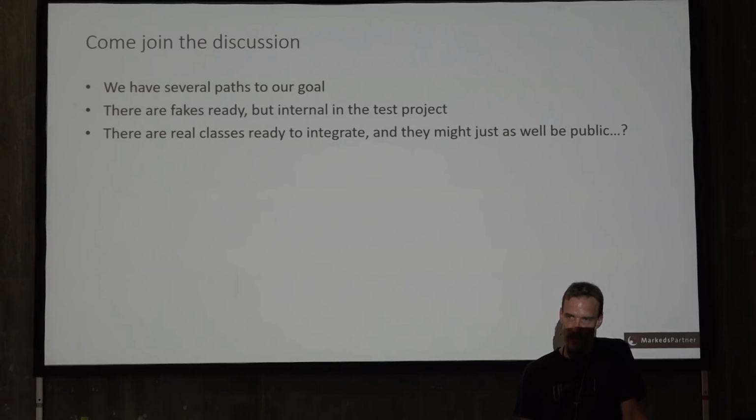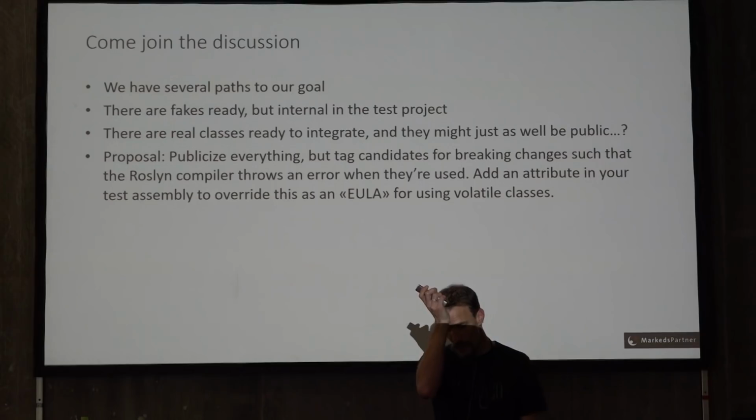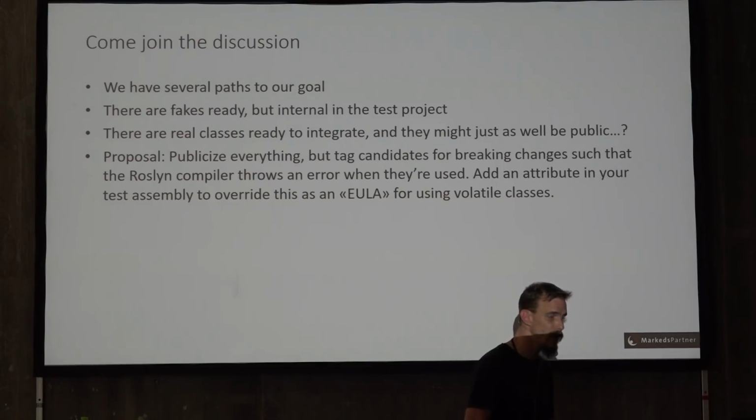But what I really want to do is get back to that same XML thing that we had, because there are real classes in there, internal, and we do have a plan to make those public. I have been discussing this a lot with the core team, and the proposal is to publicize everything in Umbraco.